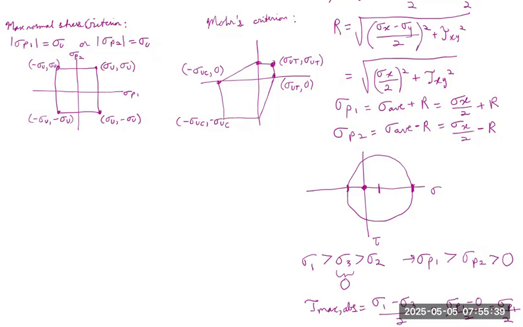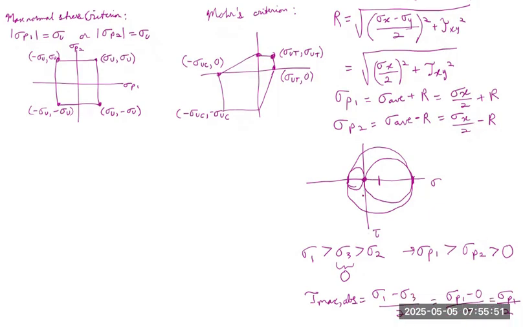And how our outer plane Mohr circle will look like this time, we will have two different circles like that. And this one also implies that principal stress 1 is greater than 0, which is greater than principal stress 2.